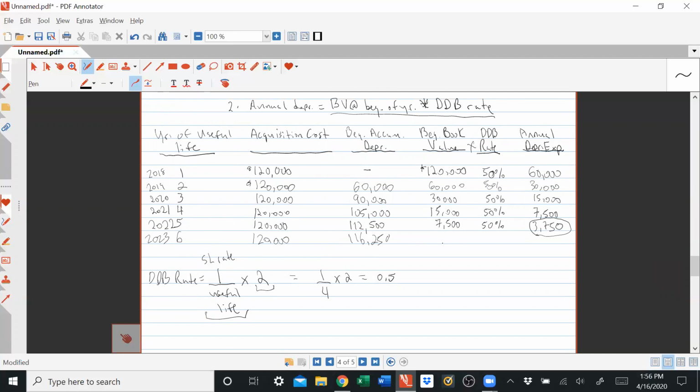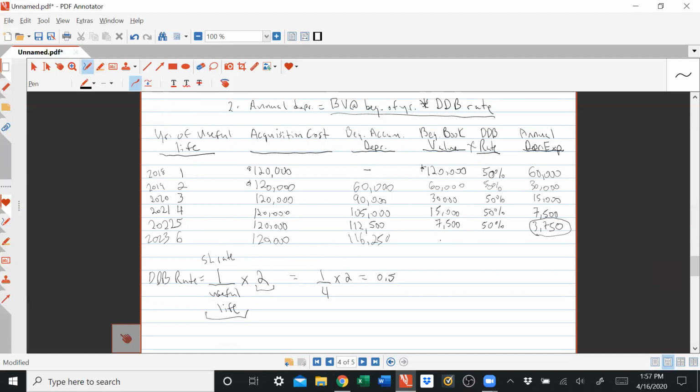And what's our beginning book value in year 6? Is it less than the salvage value? As long as this column is greater than or equal to salvage value, we're fine. But as soon as this column goes below salvage value, we've messed up. You can't depreciate below salvage value, which just means the book value of the asset can never be lower than the salvage value.